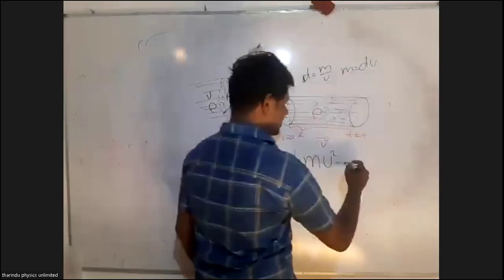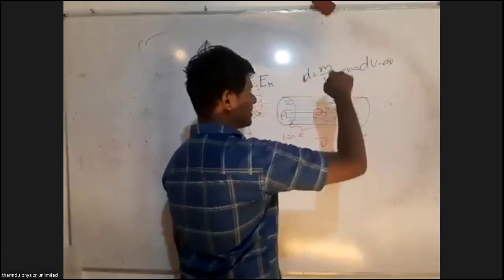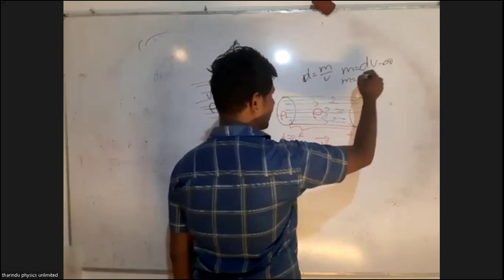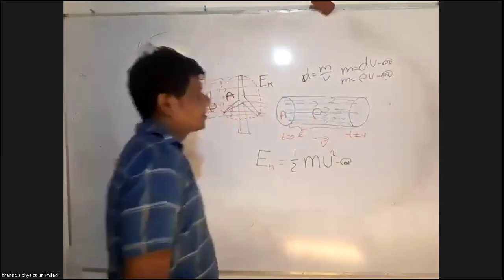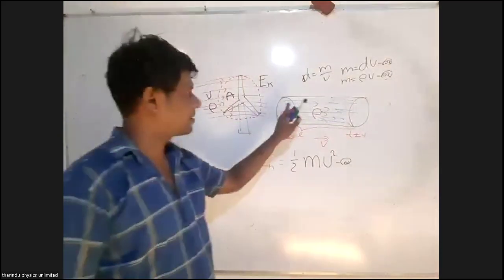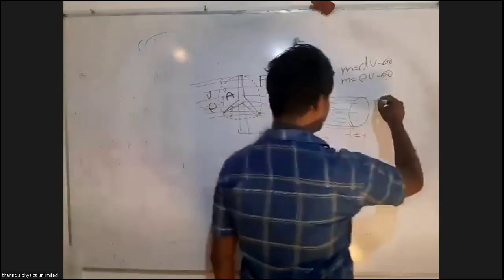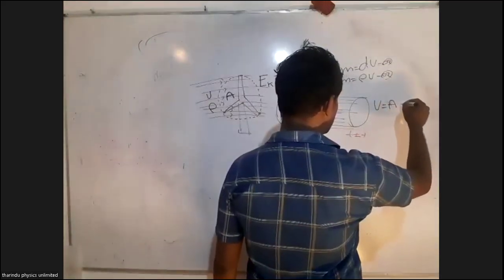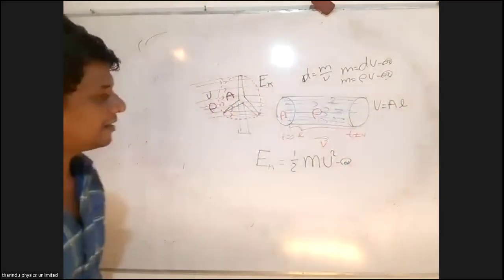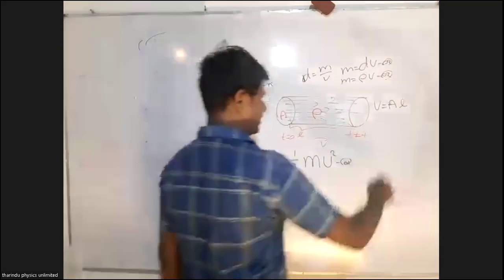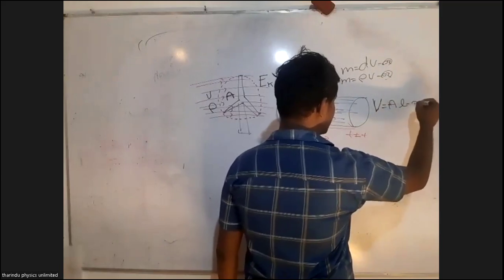This is equation number 1. So equation number 2: as we know that density is equal to rho, we can write it like m equals rho V. So what is the volume? Since this one is like a cylinder, the volume is area into length, A into L. This is volume V, equation number 3.